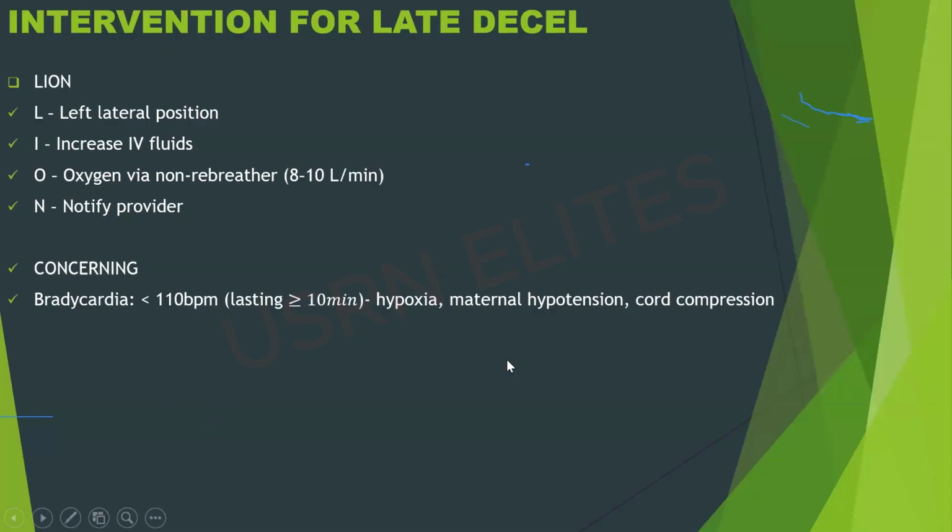But with deceleration, there could be a normal heart rate, and then out of maybe contraction or placental insufficiency. So it depends if it's early or late. There will be a decrease in the heart rate, and it can drop as much as 15 beats per minute.